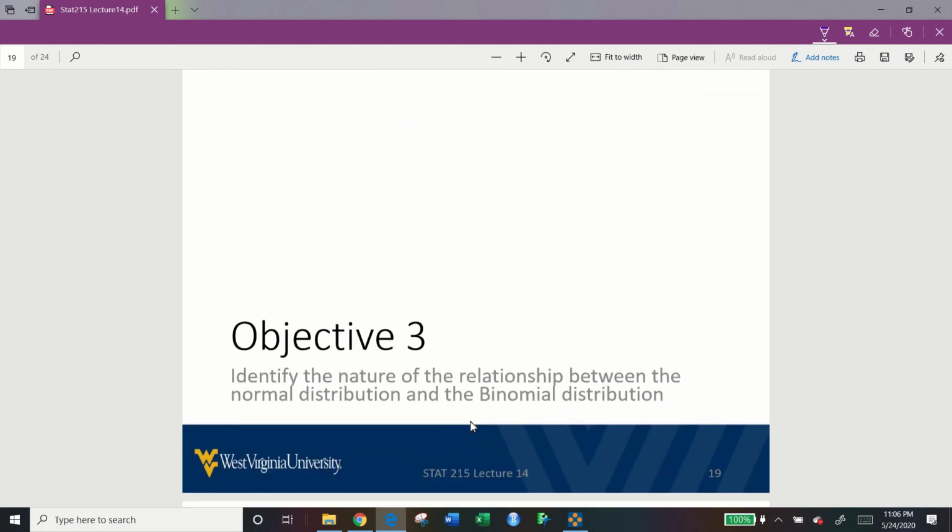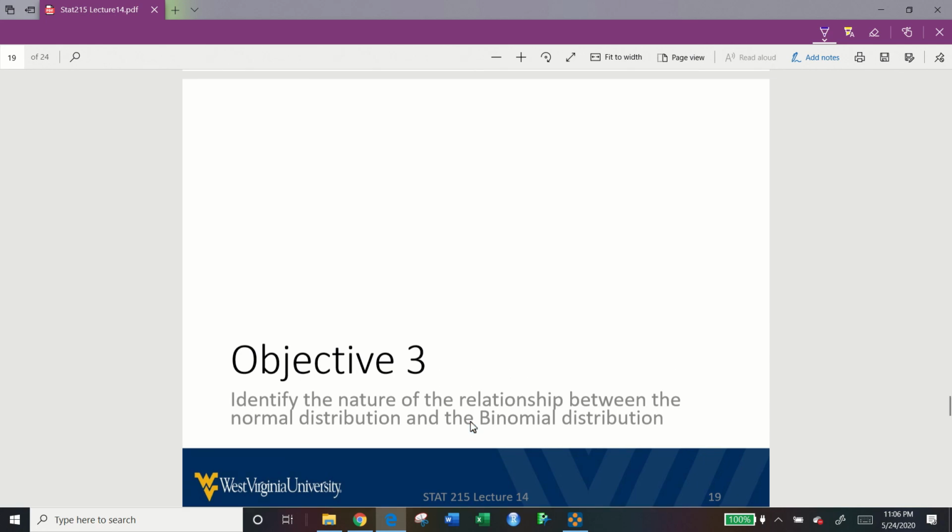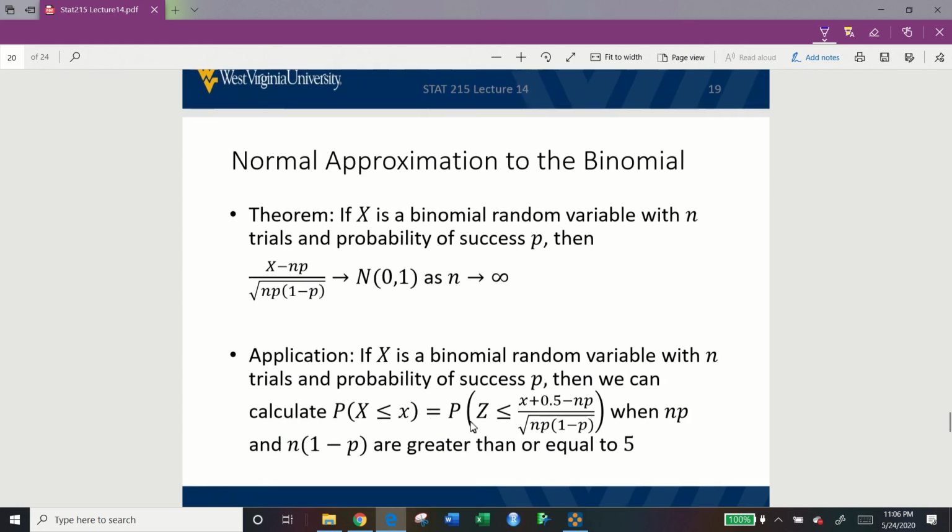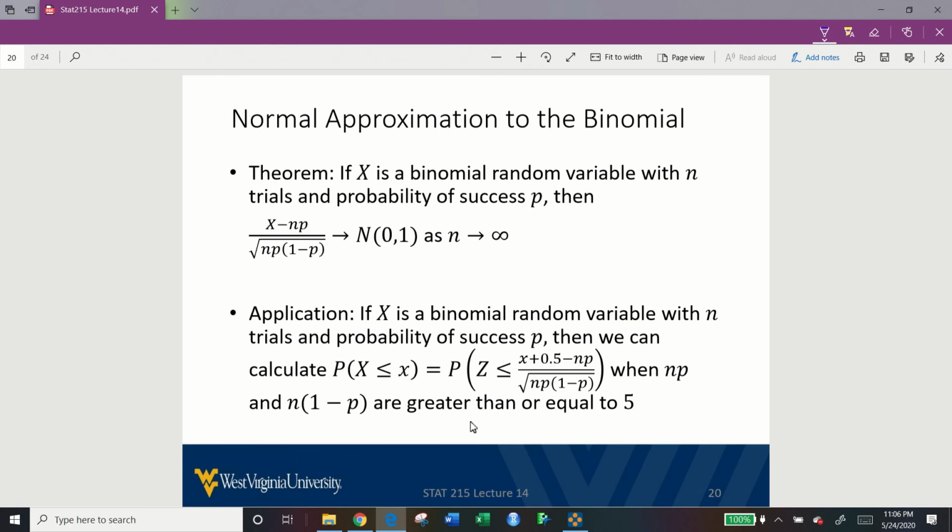So now we can move on to our third objective. We'd like to identify the nature of the relationship between the normal distribution and the binomial distribution. To start this off, we're going to need to know a theorem.